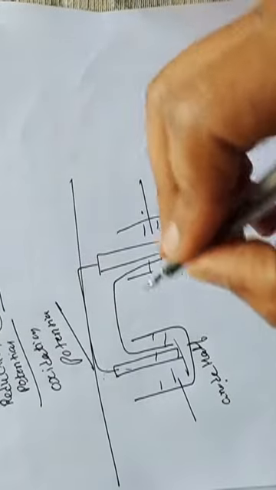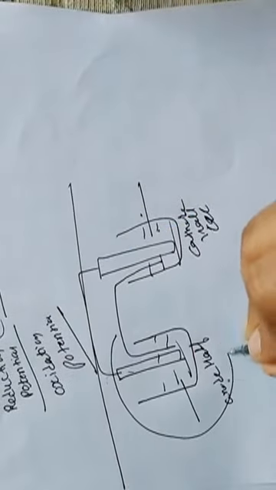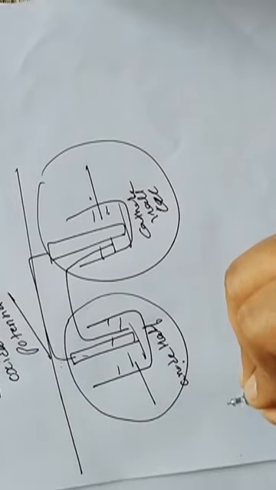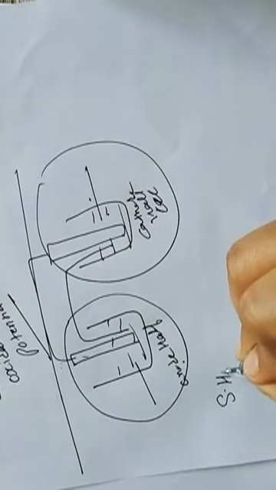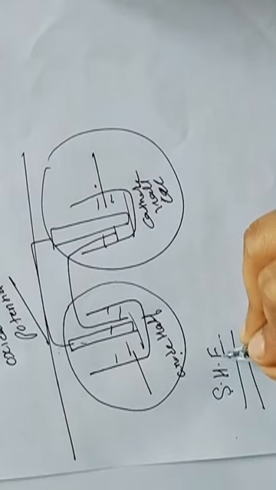Now if we have to find the electrode potential of any one half cell, then for that we have to use an instrument called SHE, the standard hydrogen electrode.